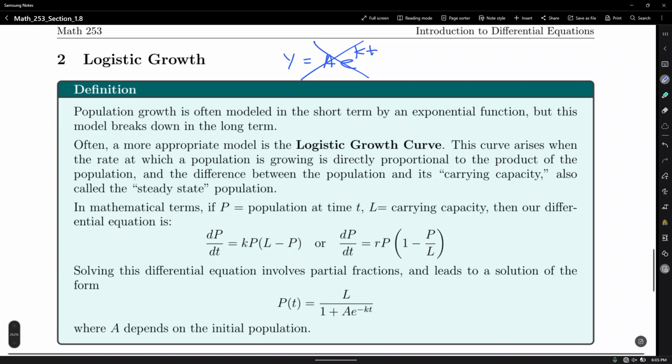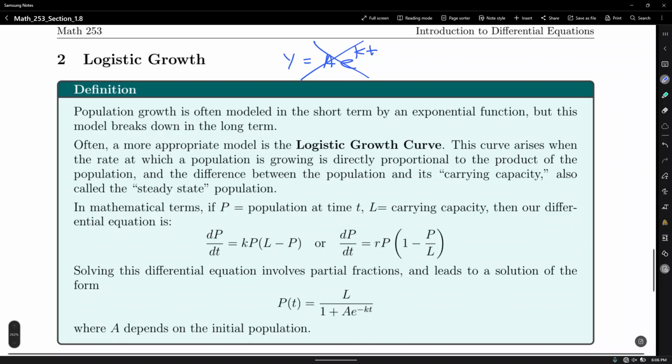People are going to die at one point, or it doesn't take into account the carrying capacity of a place, like here, the classroom. How many people can I get? 40. There's 48 seats. I could have more students sitting on the floor, but there's not going to be a space for infinitely many students taking my class, right? So there's a carrying capacity for the classroom.